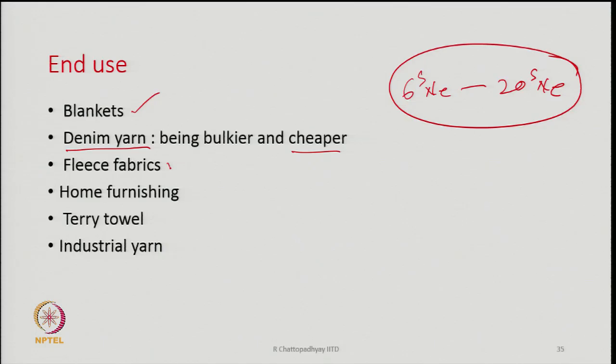Also, we can go for fleece fabrics, home furnishing products, terry towel also people have tried, though it becomes a little harsher if you try to form the piles, but in the ground they can be easily used. So, they are finding a place in terry towel also, and they can also be used as industrial yarn.